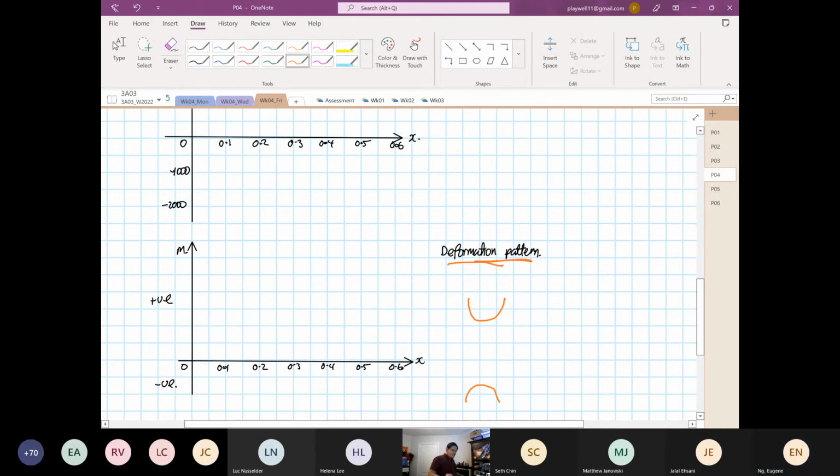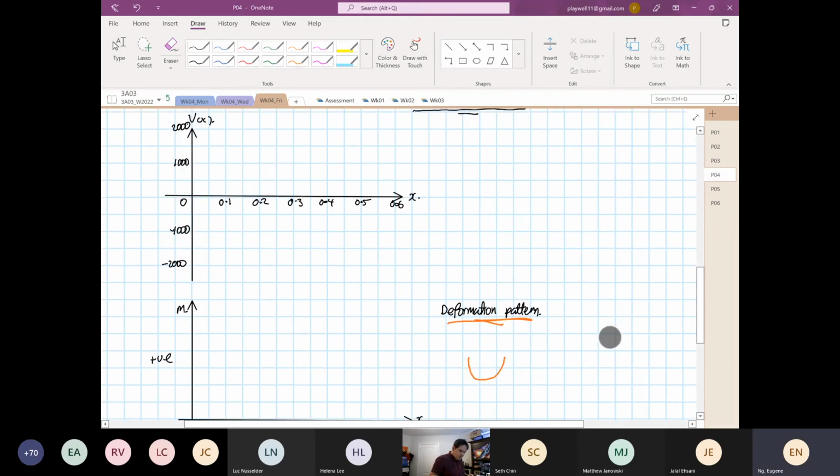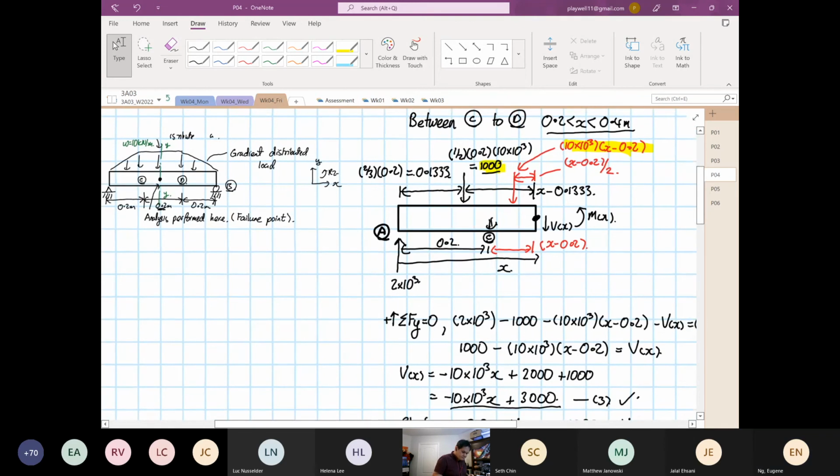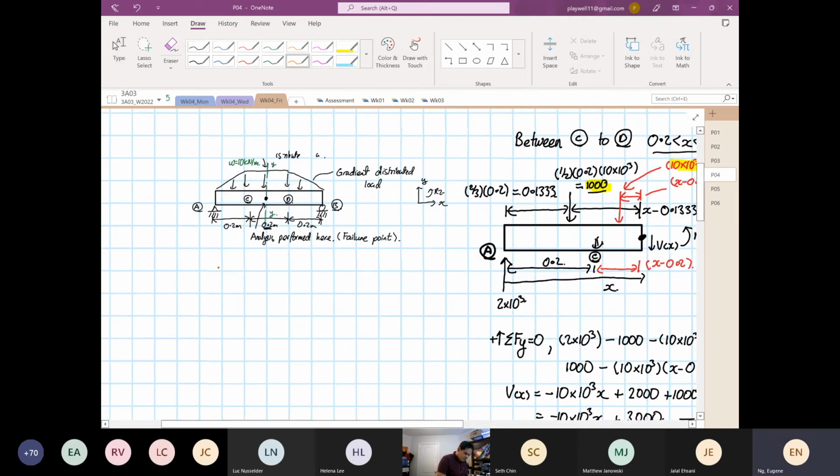So now if we go back to our diagram, the deformation pattern we know will be a smiling face. Yes or no? Right. That's why I focus on the positive side. So this is the actual deformation pattern.